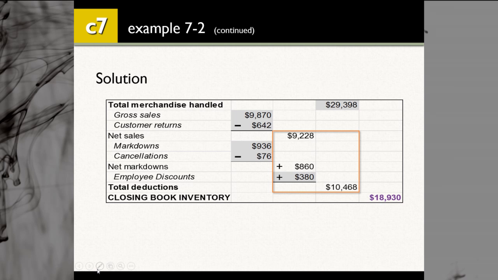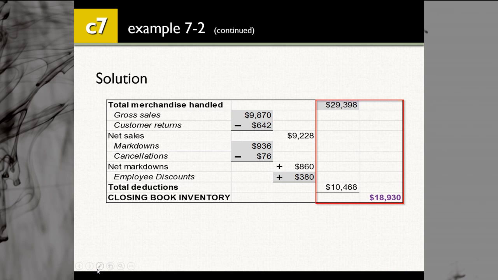Then to calculate your book inventory, I believe you remember the formula. That's total merchandise handle minus total deduction. So that's 29,398 minus 10,468, and you got 18,930 as your closing book inventory.